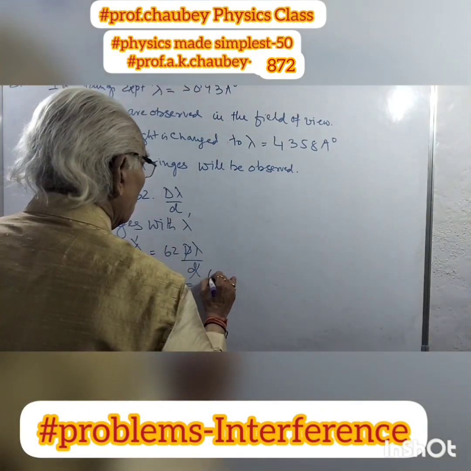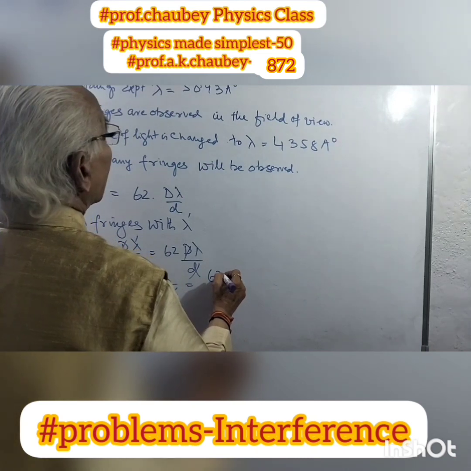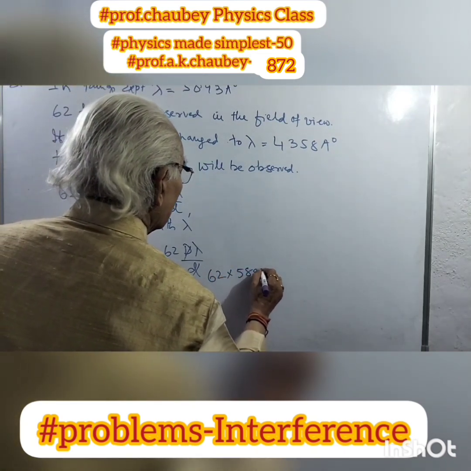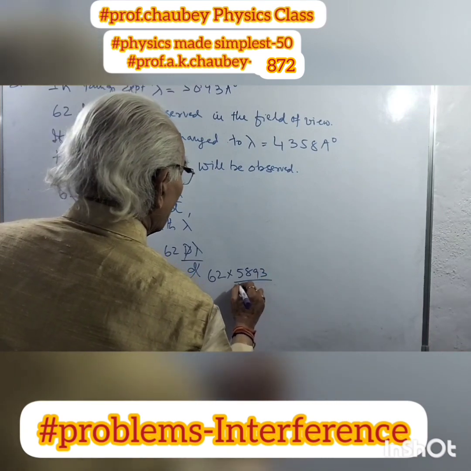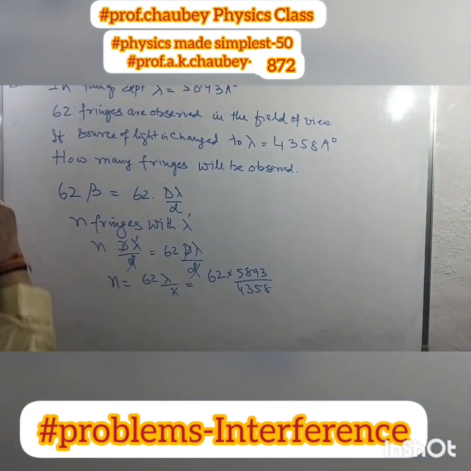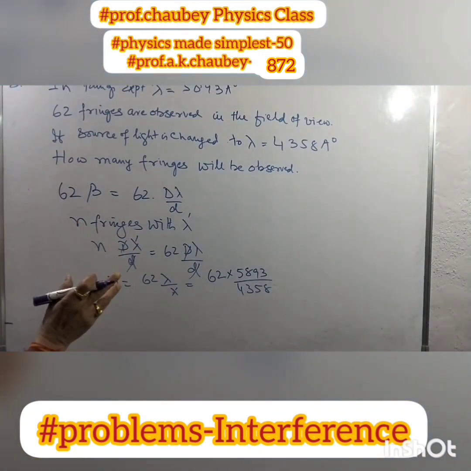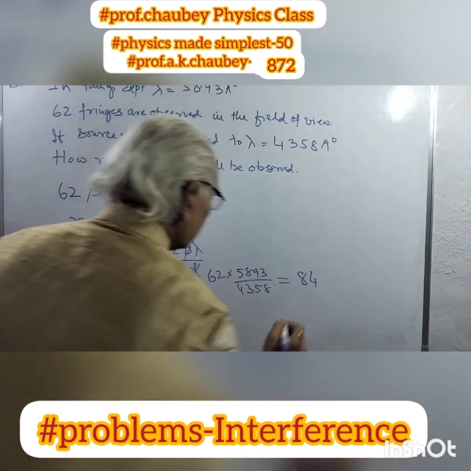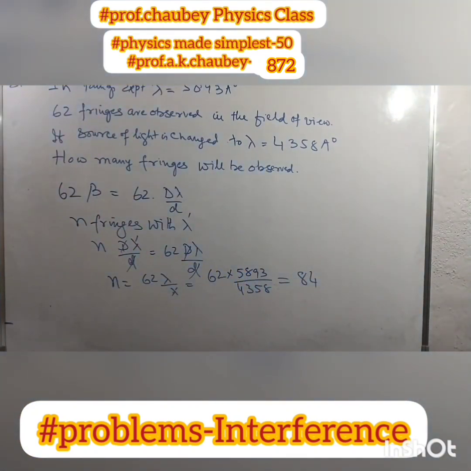So 62 into 5893, and lambda prime 4358. Just simple. You calculate this and you get the answer 84.